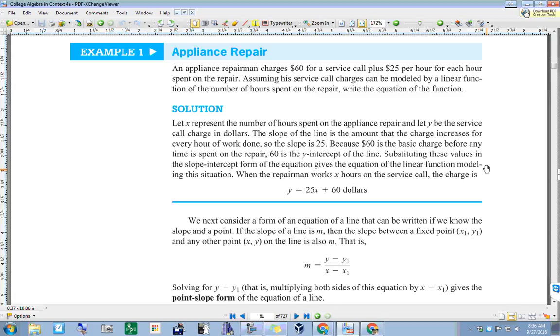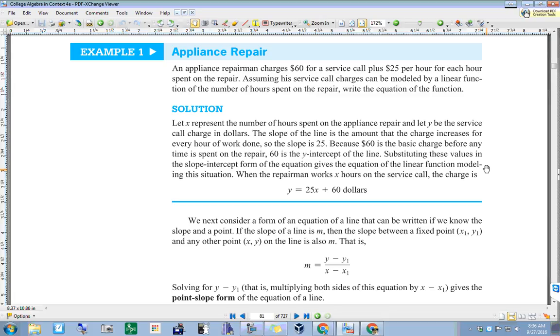In this case, what's the initial charge? $60. Regardless of what they do, if they come in there, yep, it's junk, they get the $60. If they're there for hours working on it, they still get the $60 plus whatever they charge per hour. So if they spend 2 hours working on it, how much more are they going to charge you? Another $50 because it's $25 per hour.